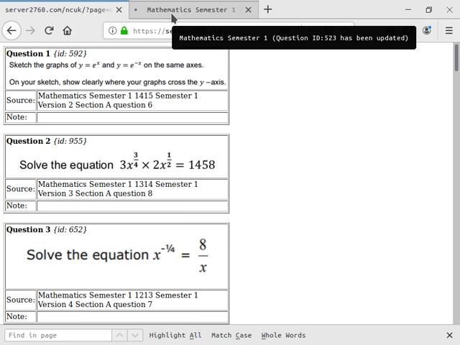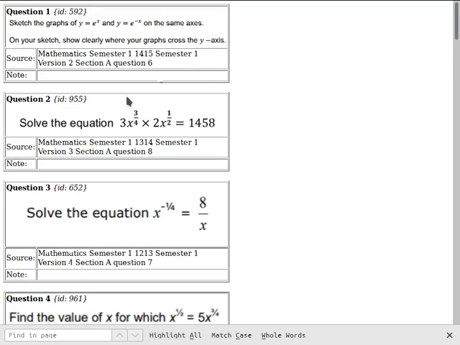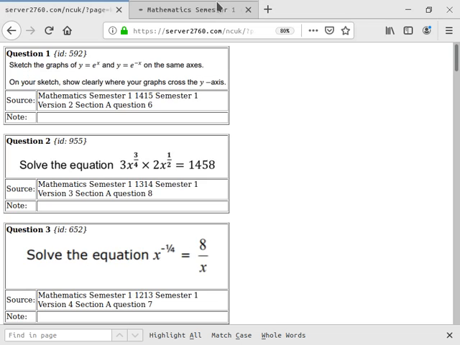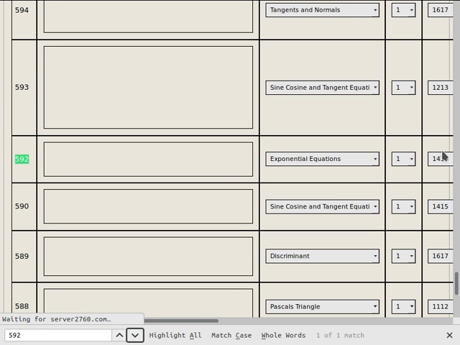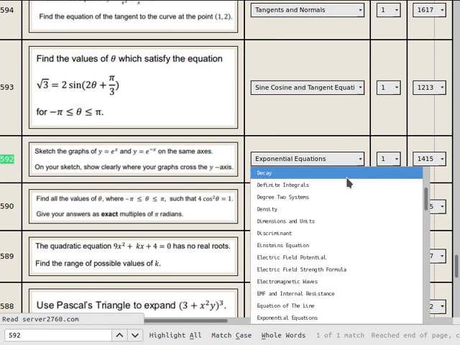I know it's one of the two, but where did I first do it? Let's have a quick look. Yeah, rules of indices. So 592 should be actually in rules of indices. 592. Rules of indices.